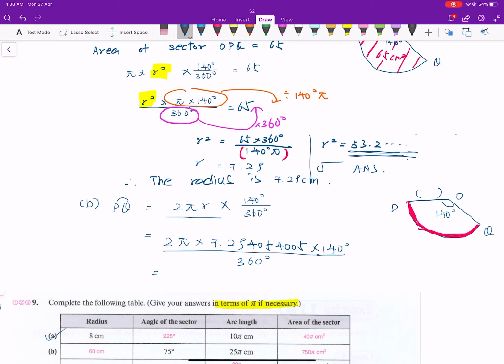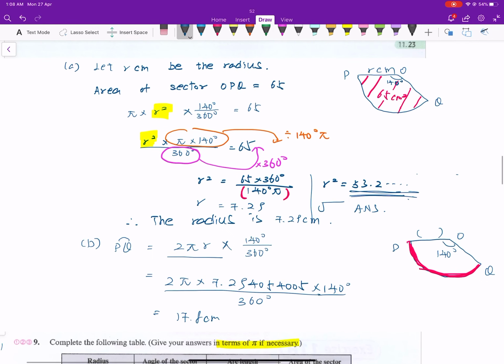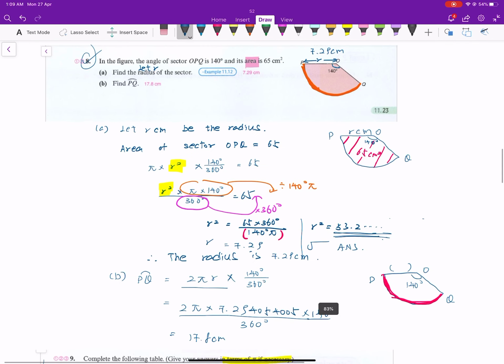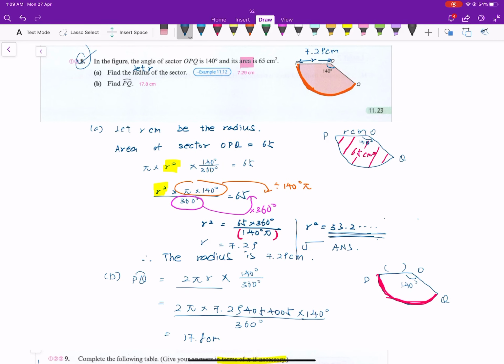So the answer is 17.8 cm. So this is for question 8. For part A, the area, we use pi r squared. For part B, finding the arc, we are using 2 pi r. Don't mix up.